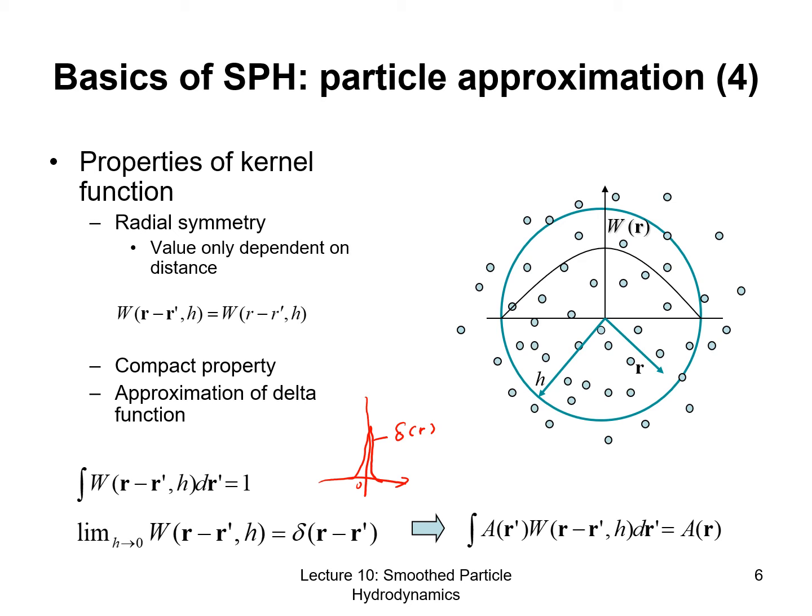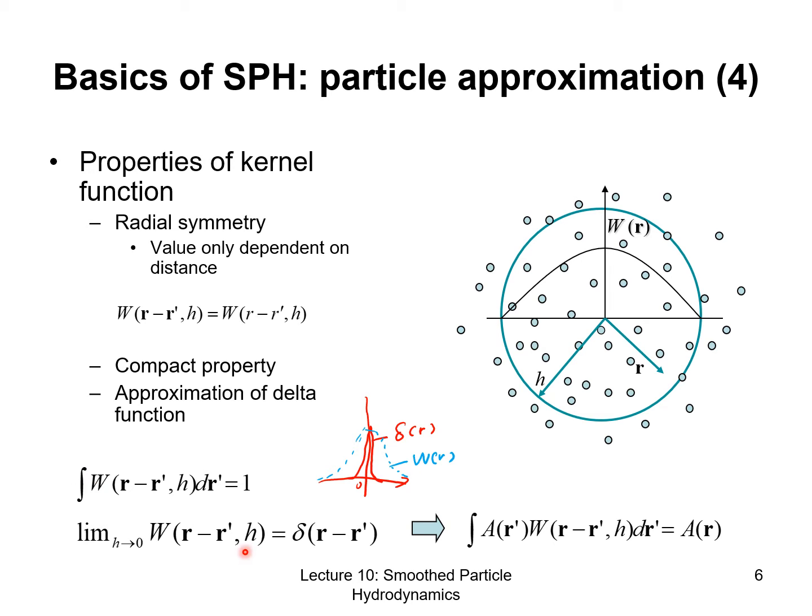We don't want to have such a high peak, so basically we just smooth this delta function. We use the smoothed form for the kernel function. And then you can find the kernel function is more like a smooth version of the Dirac delta function.